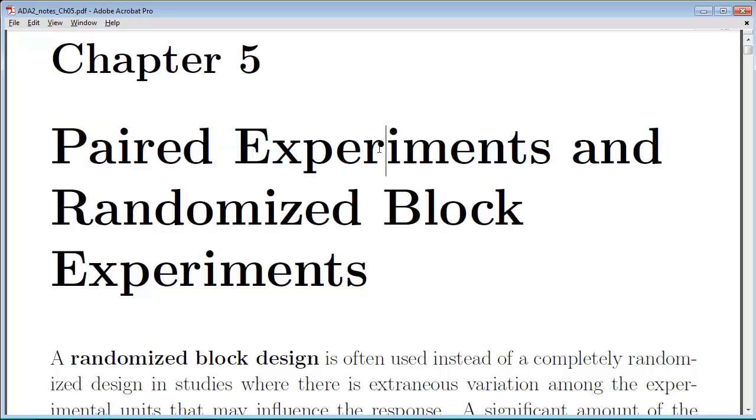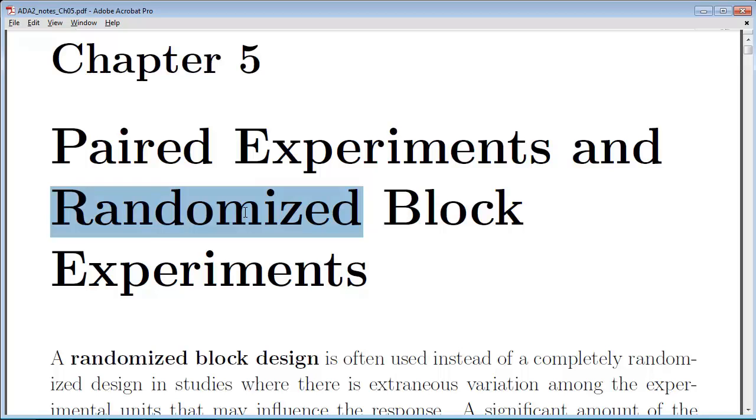And when we conduct an experiment, we have a single population we're drawing samples from, and then we are going to randomize those observational units into different treatments. And after we impose the treatment on those experimental units, we'll observe a response, and then we want to ask the question, is the mean response for these different treatment groups all equal, or is there at least one pair that's different?